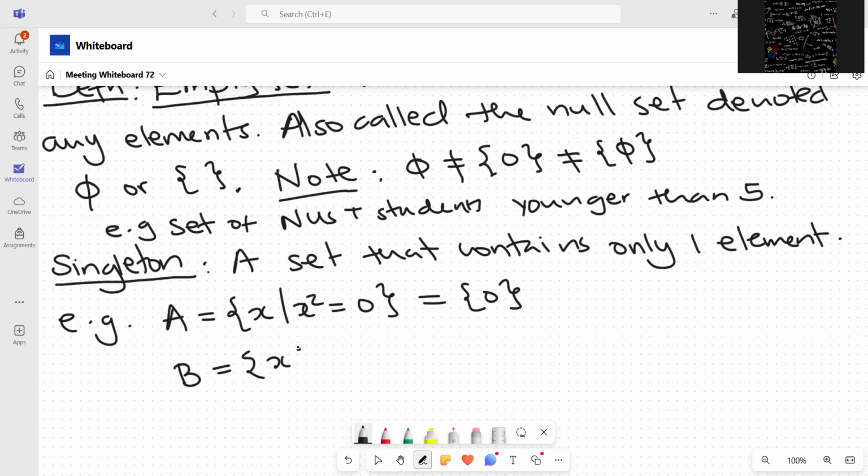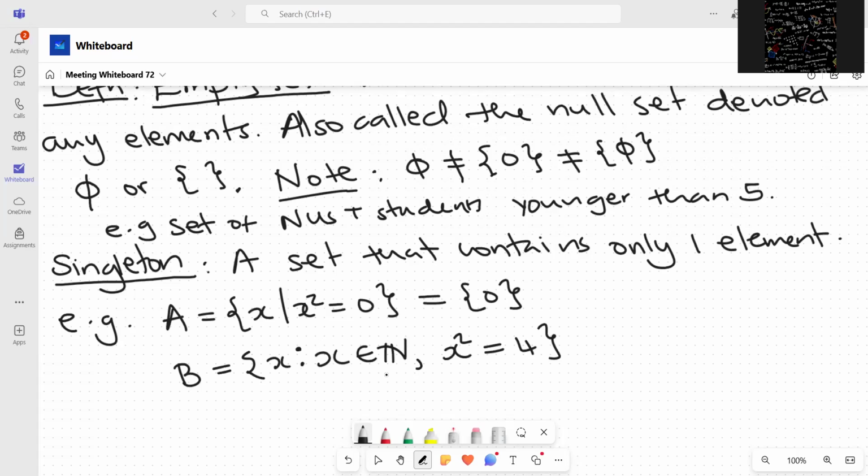B is x such that x is a natural number and x squared is equal to 4. If you solve the equation x squared is equal to 4, there are obviously two real solutions, -2 and +2.